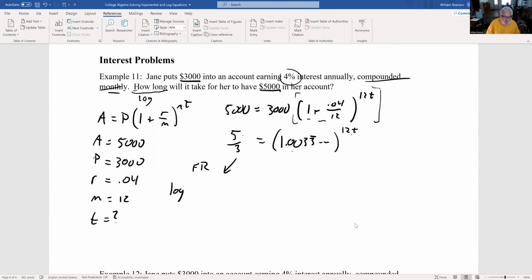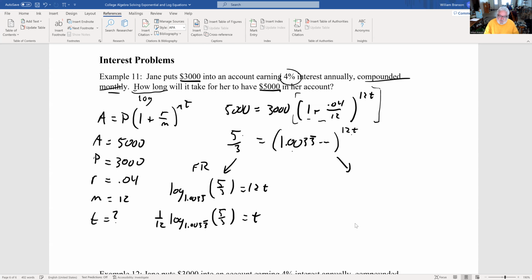So we get log base 1.0033 repeating of 5/3 equals 12t. Divide both sides by 12. And you can solve for t.